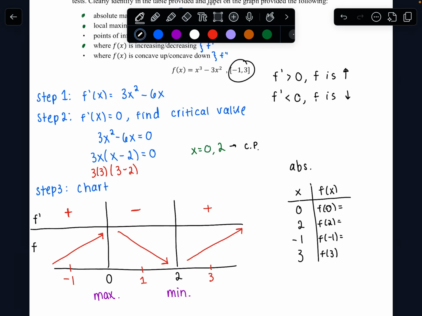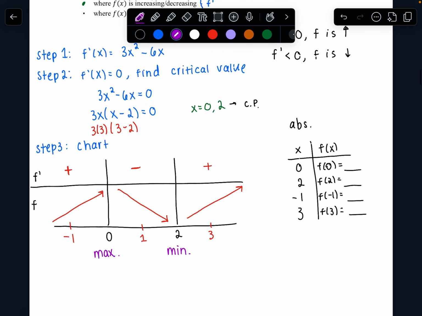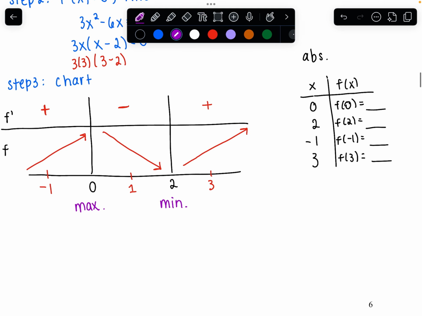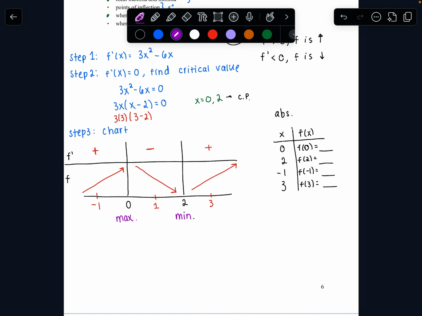I don't have a calculator handy on me, so you guys can figure these out on your own. You get these y values. The largest one is your absolute max. The smallest one is your absolute min. Cool? Where here we can call these local mins and local maxes, but remember, if something's an absolute max, it's also a local max. Okay?